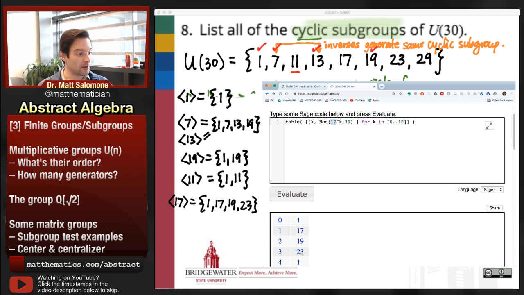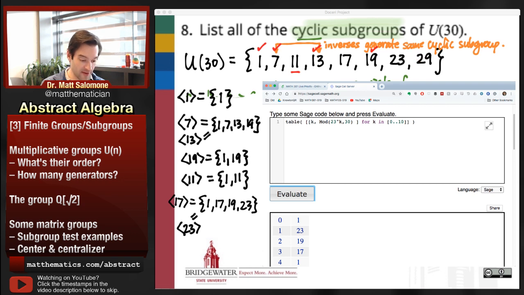Let's just check that the cyclic subgroup generated by 23 gives me the same thing as the cyclic subgroup generated by 17, and indeed it does. The elements are 1, 17, 19, and 23 in no particular order. And that means that now the only element that we haven't investigated is 29.